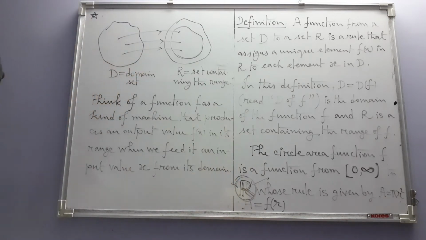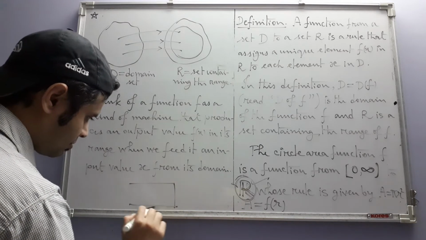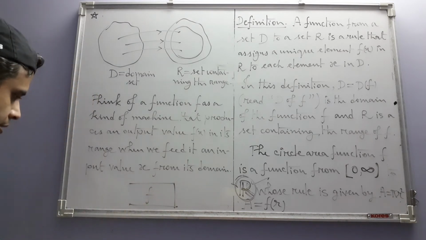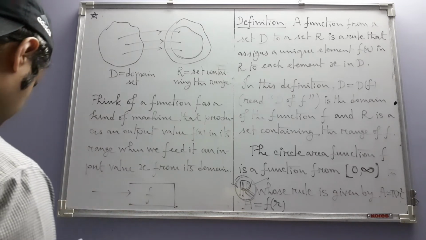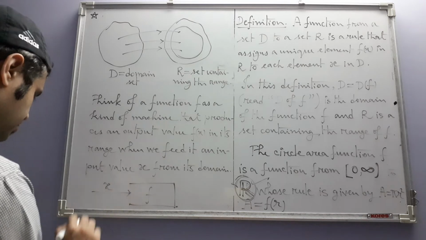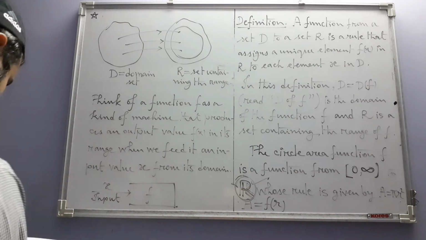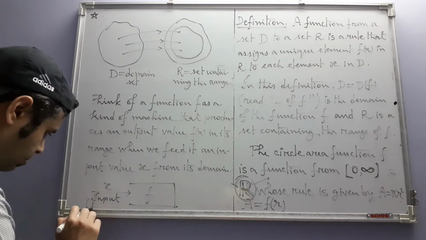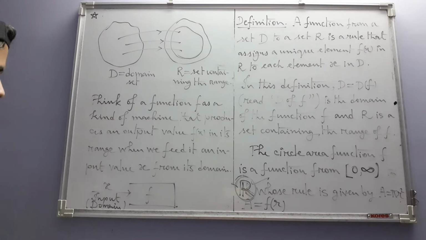There is in fact a picture also. It's like this: this is a machine, the function. From this side we give an input from the domain. The domain is like a warehouse of raw materials.